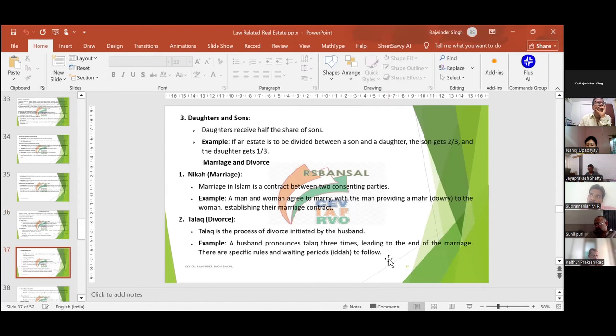Then daughters and sons. The daughter receives half the share of the son. For example, if an estate is divided between a son and a daughter, the son gets 2/3 and the daughter gets 1/3.